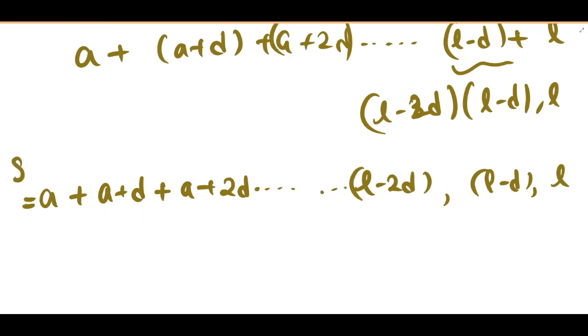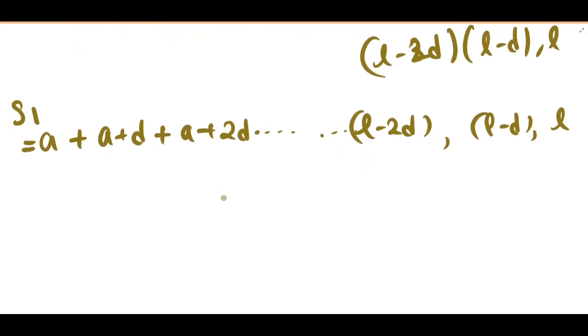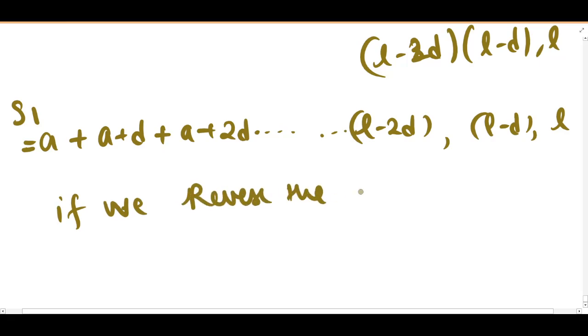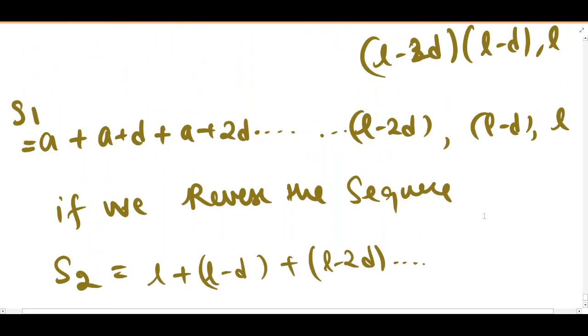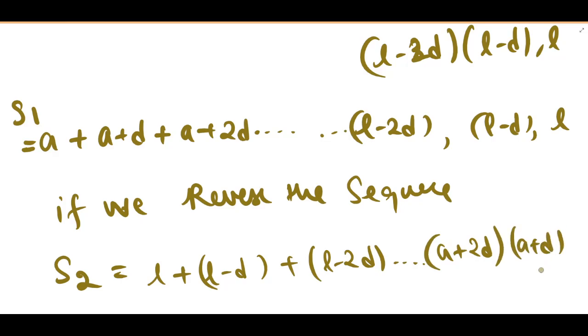Let this be equal to s1. Next, if we reverse the sequence, that is s2 is equal to l plus l minus d plus l minus 2d, and so on, then a plus 2d, a plus d, and a.